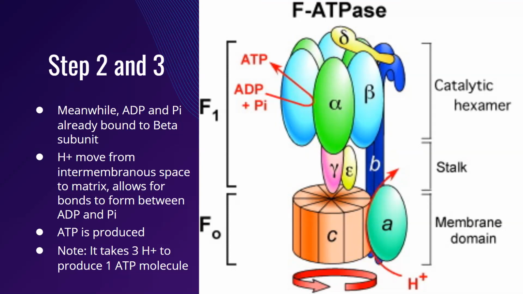With this movement, there's enough energy built up to cause the conformational change in the beta subunit, which allows the ADP and inorganic phosphate molecules to bind together into ATP. And just notice one more time, it takes 3 hydrogen ions, also known as protons, to produce 1 ATP molecule. That's just important when you're looking at the actual reactions.